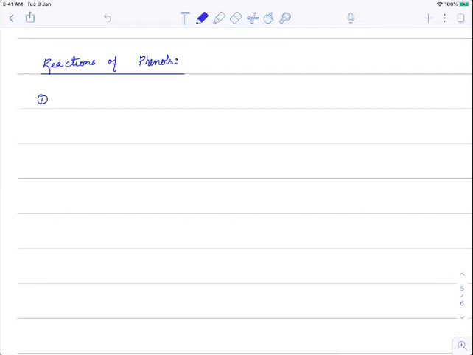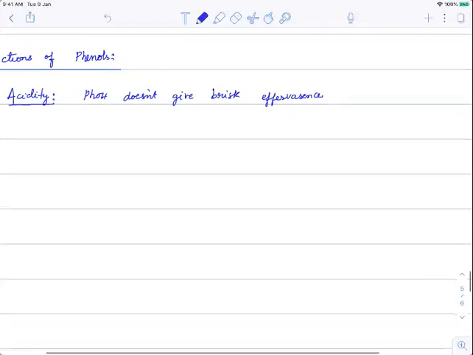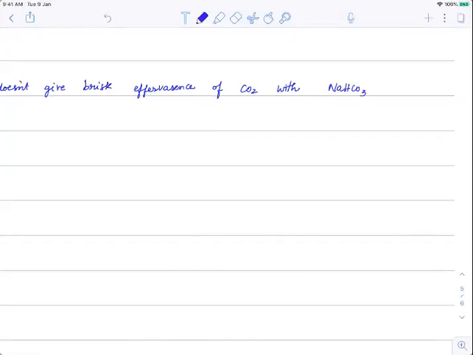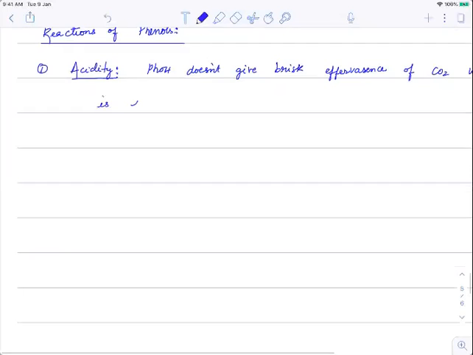So first thing, if you check out the acidity of phenols, what we have learned is that phenol doesn't give brisk effervescence of carbon dioxide when you treat it with sodium bicarbonate, as it is less acidic than H2CO3.